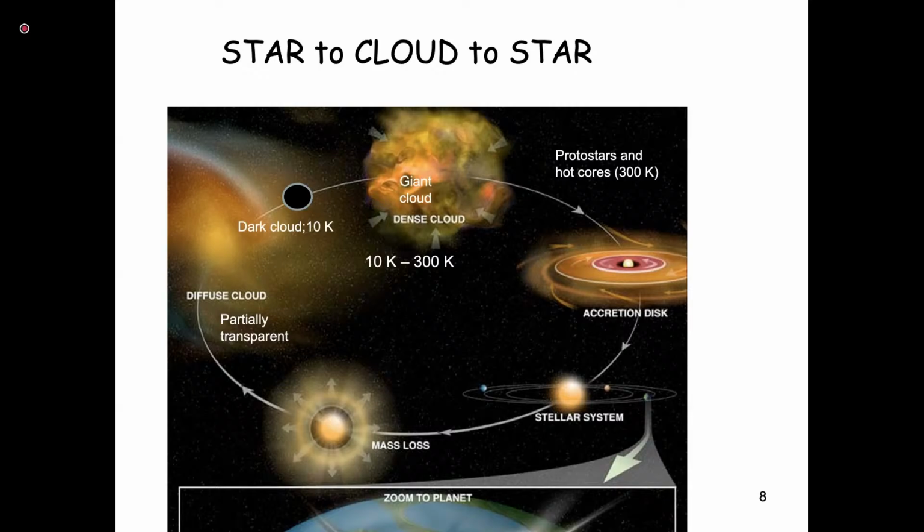Anyway, so out of these clouds being formed in this giant cloud, we get a flattening as long as there's some angular momentum. And instead of having just these hot cores surrounding protostars, the protostar becomes a star. The dense gas and dust in the hot cores actually becomes planets. Okay, so we eventually have here what's called an accretion disk, in which we don't yet have planets.